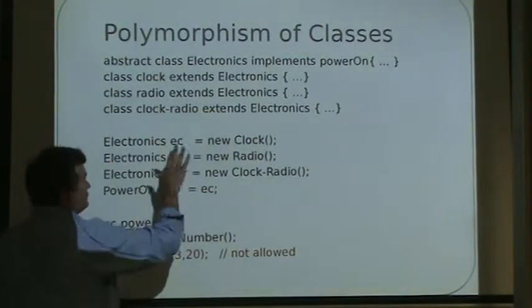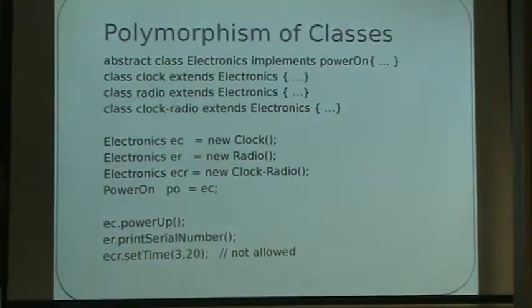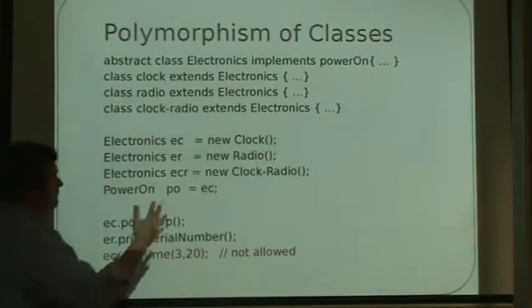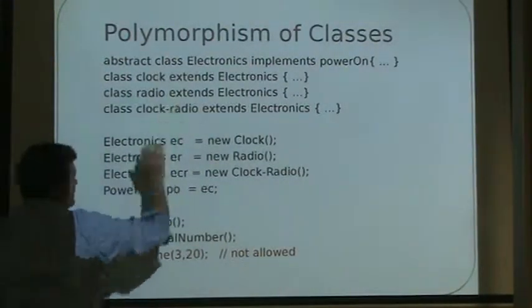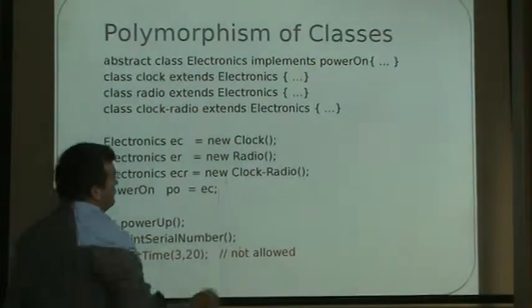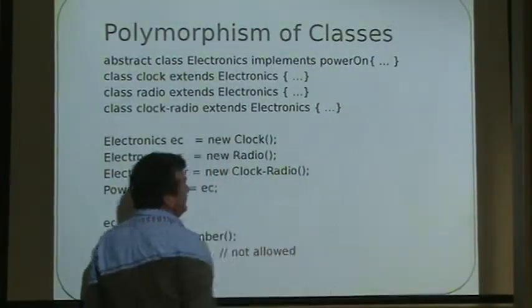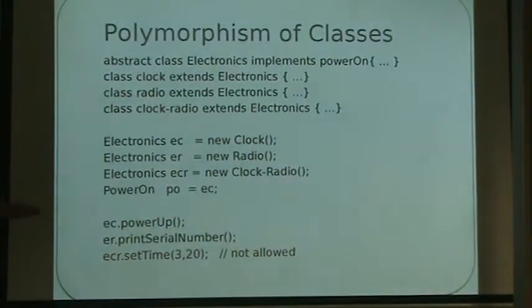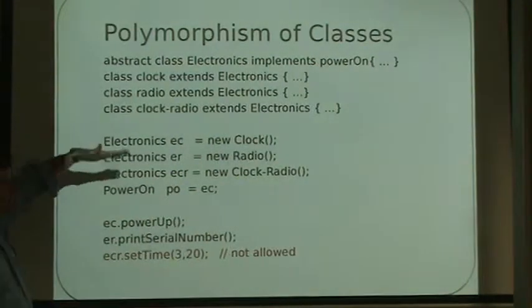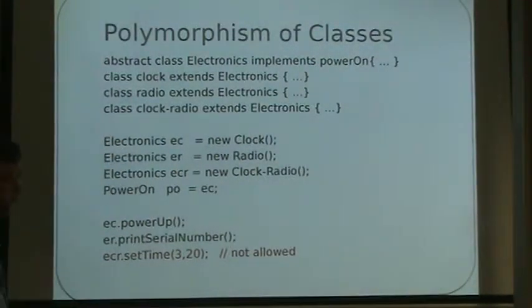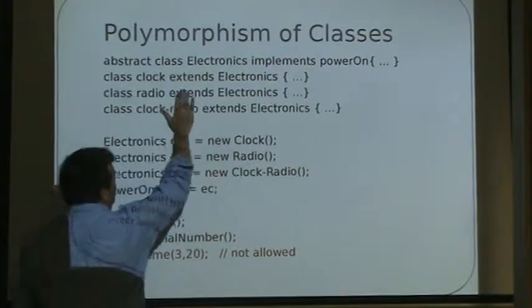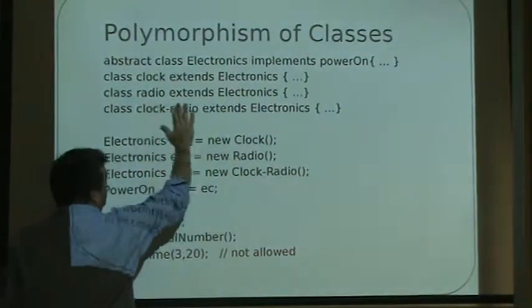It's only used for inheriting purposes, but it has something that all these classes have in common. But we could decide that we're going to implement the powerOn interface. And the powerOn interface may be a collection of functions that happen when you power something on. Okay, so now clock extends electronics, radio extends electronics.